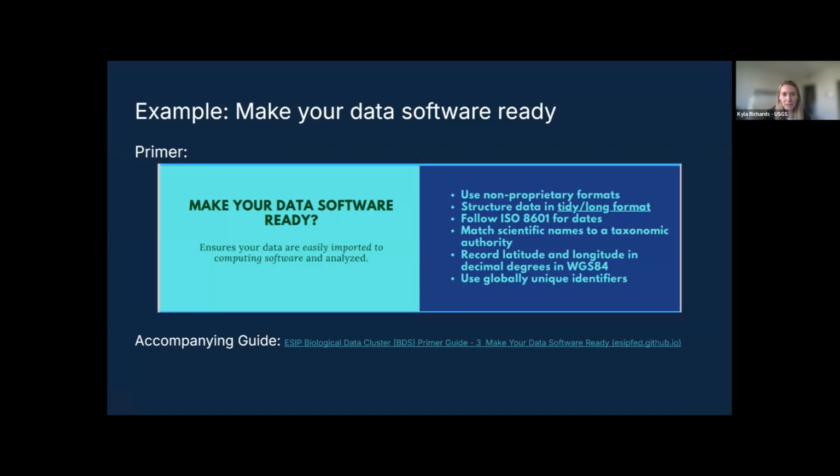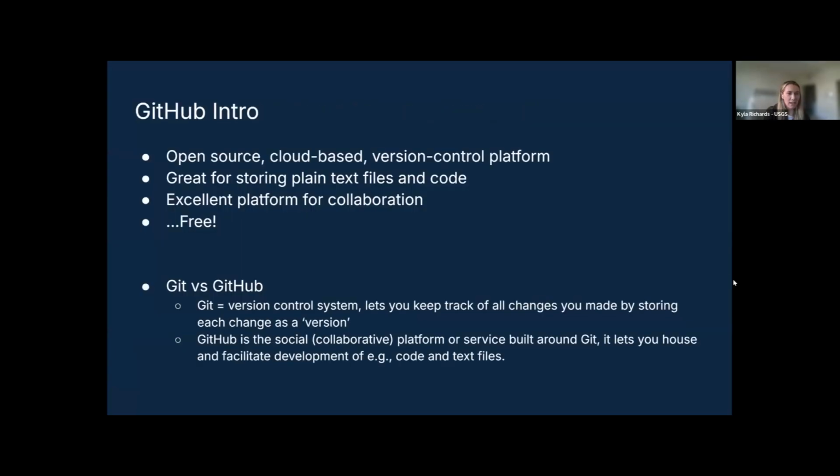We've been using GitHub to develop these guides, and each guide is structured in the same way with an explanation and some definitions and key information along with some references we used. We'll be exploring this later with Laura and Steve. And now I will turn it over to Tim.